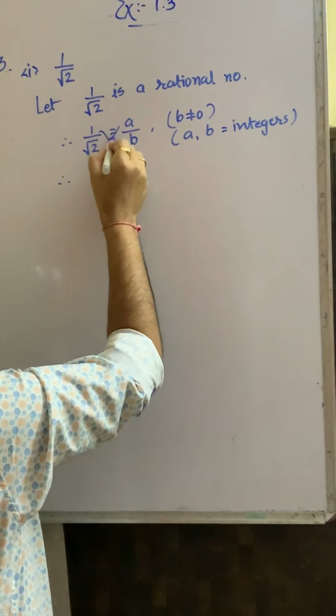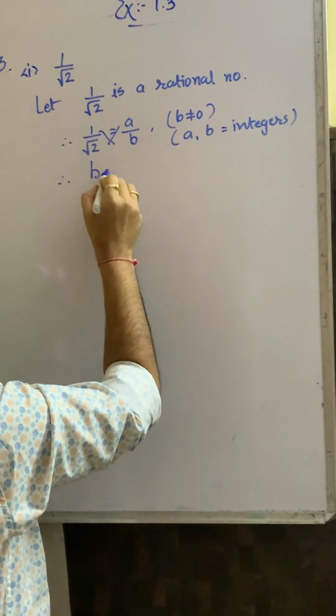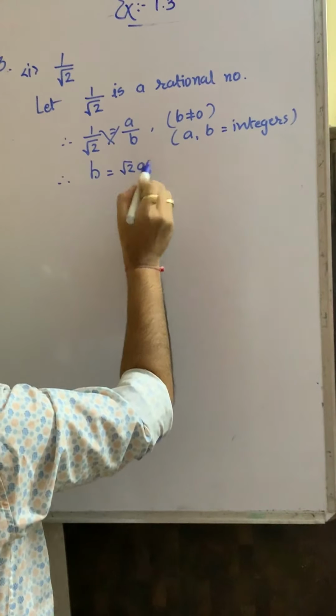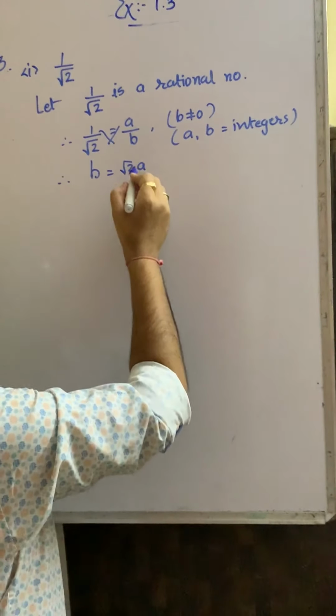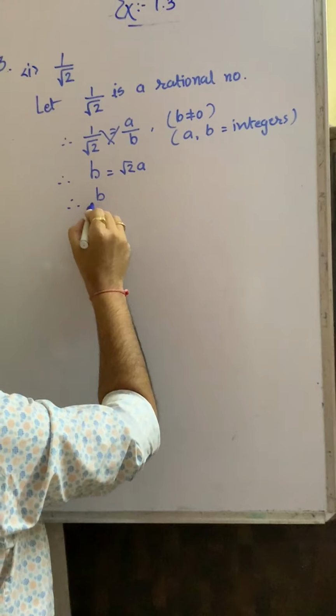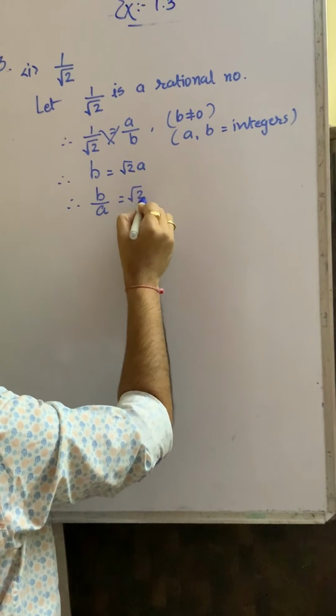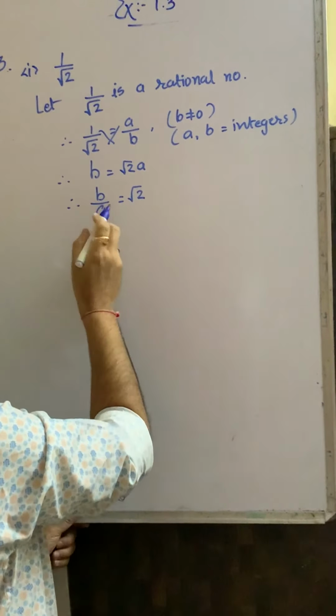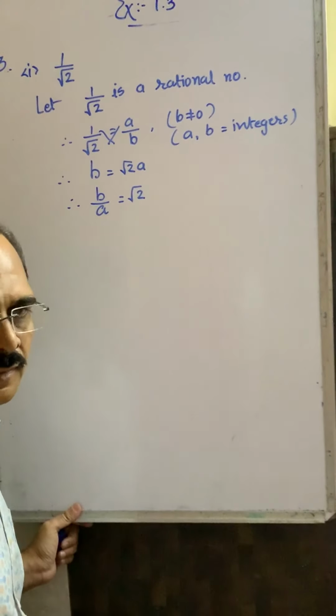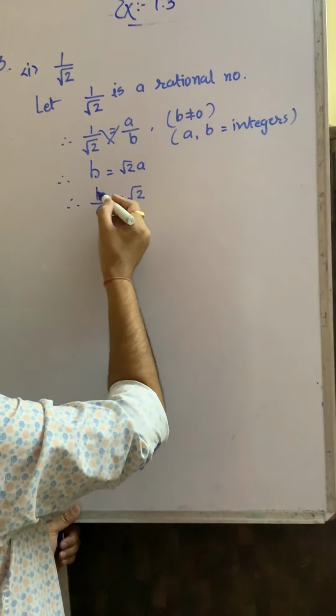That means cross multiplication gives you b equal to root 2 a. A is in multiplication, take this side, so b upon a equals root 2. Here we suppose that root 2 equals b upon a.